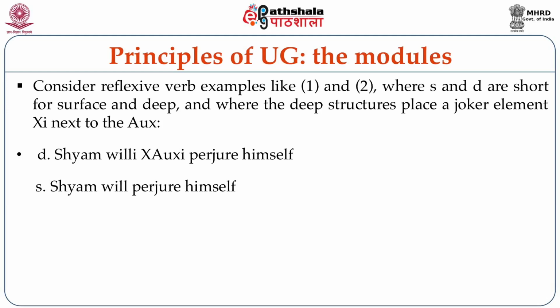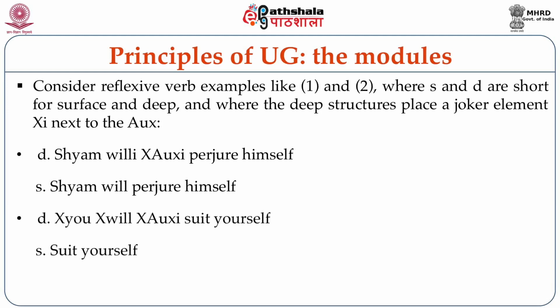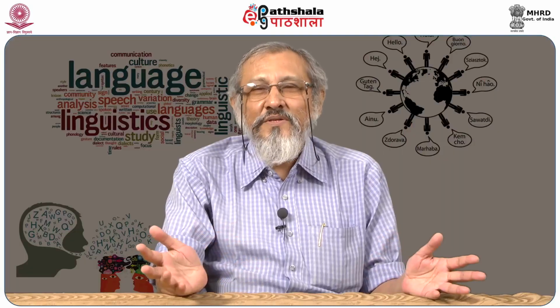So a sentence like Shyam will perjure himself has the structure Shyam will special element perjure himself, and that special element is volatile, it is in the verbal complex, and its task is to look out and find a reflexive and say that I'm happy if it finds the reflexive. We will call this special element X aux, X because it is volatile and aux because it belongs to the auxiliary system.